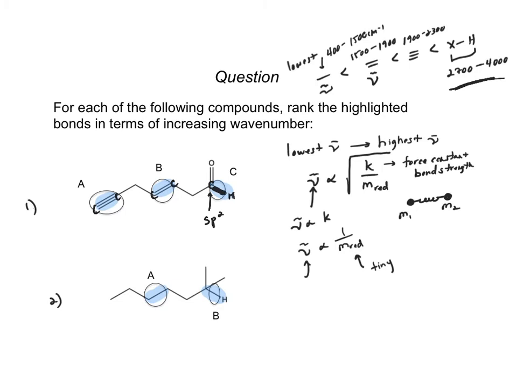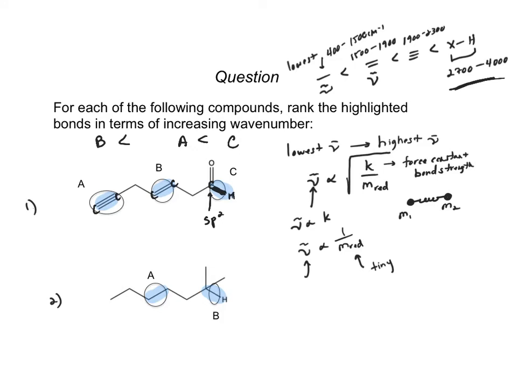So C is going to be the highest. We have a triple bond and a double bond. Because the triple bond is stronger than the double bond, it's going to be the medium wave number. And at the very lowest end, we'll have that double bond. So B is less than A, which is less than C. Again, two different things go into it: bond strength, as well as whether you have anything attached to hydrogen.